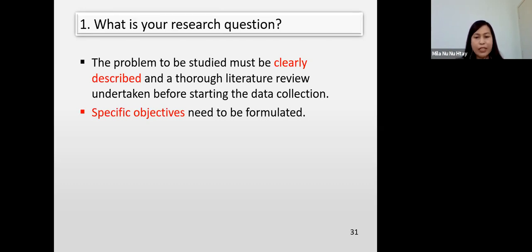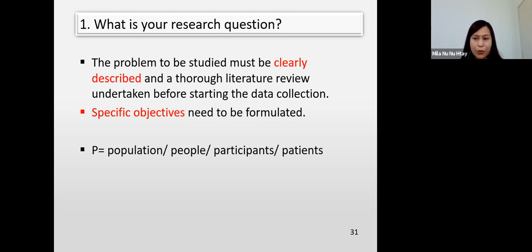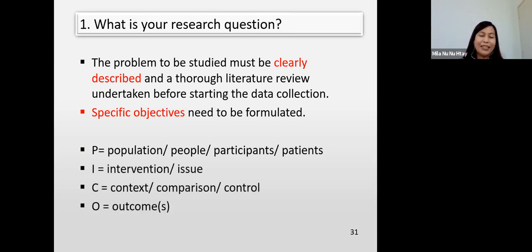So when we write our research question, we usually use PICO, P-I-C-O, the abbreviation. PICO means we include the population. What is the population? How about our participants, the student population or the patients or the healthy community, in a defined population?